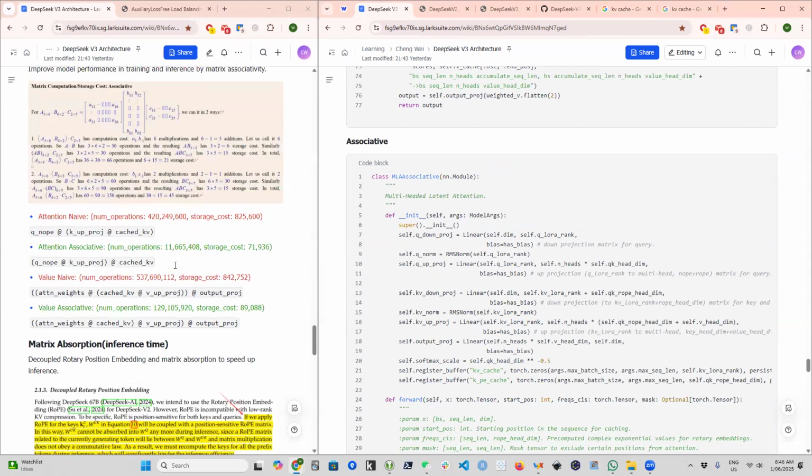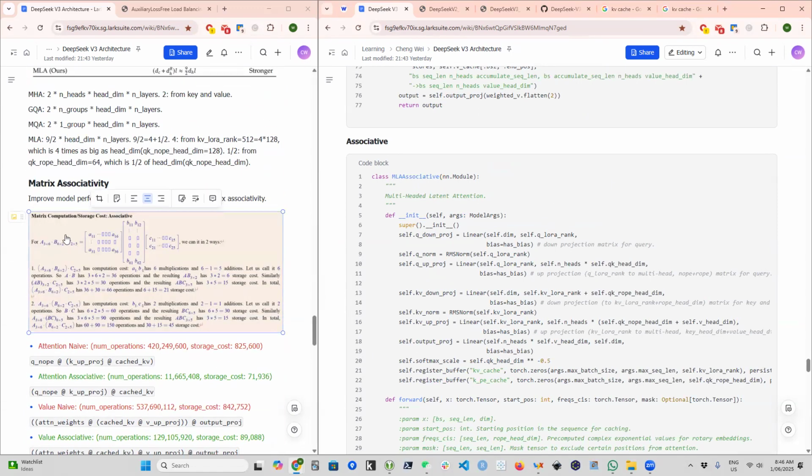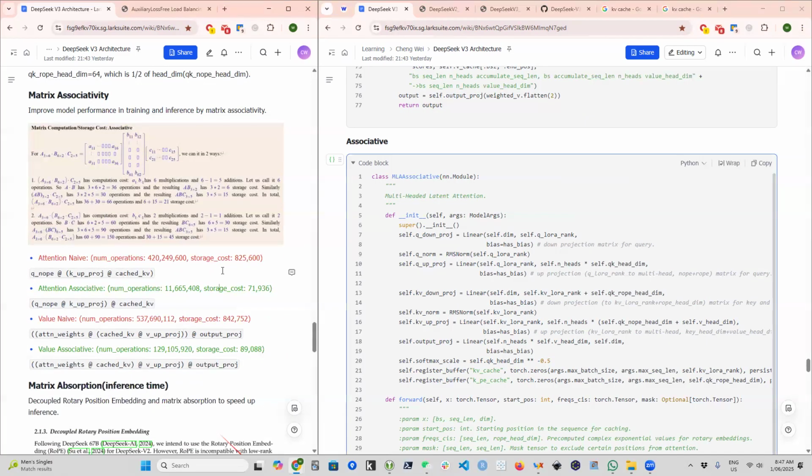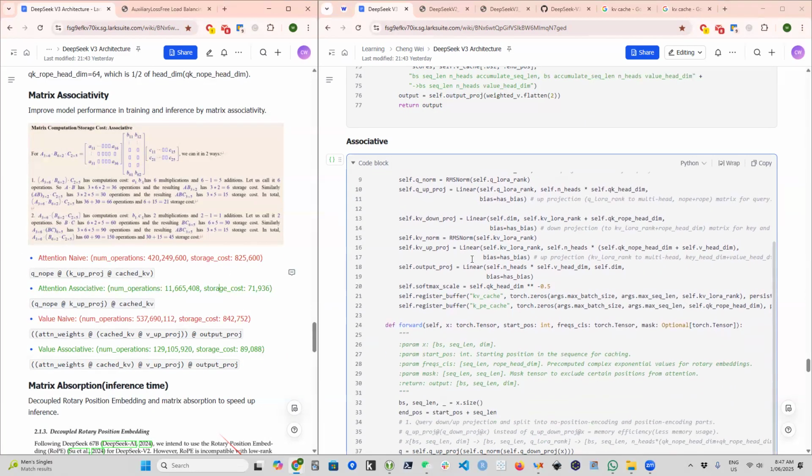Associative, we said that the order we multiply the matrices matters, right? It can result in different operation and storage cost, as we said before. So this part is the same as the naive version, but with slight adjustment for the matrix multiplication.